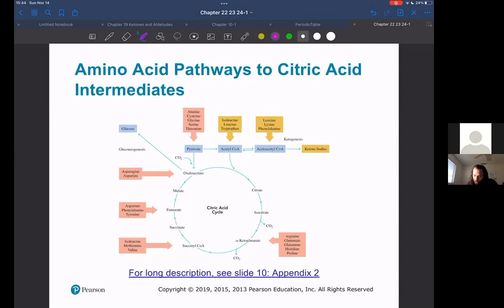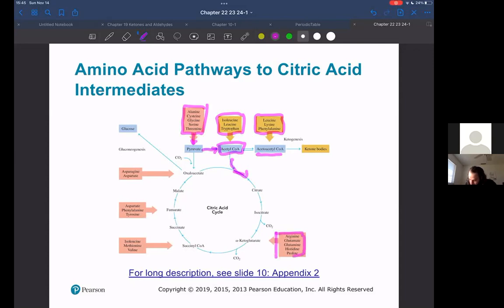So for example, leucine, lysine, and phenylalanine can be converted into acetoacetyl-CoA. Isoleucine, leucine, and tryptophan can be converted to acetyl-CoA, which can make its way into the citric acid cycle. Alanine, cysteine, glycine, serine, and threonine can be converted to pyruvate, which can be converted to acetyl-CoA and enter the citric acid cycle.